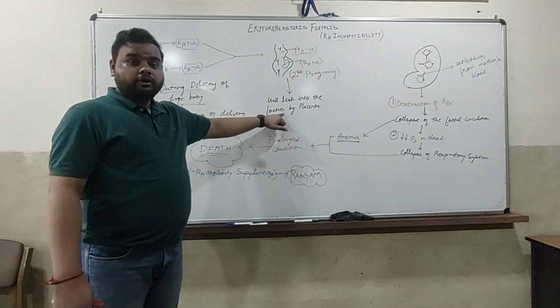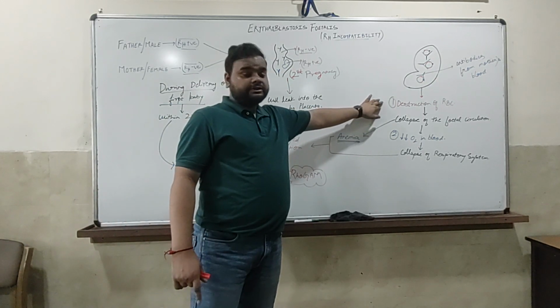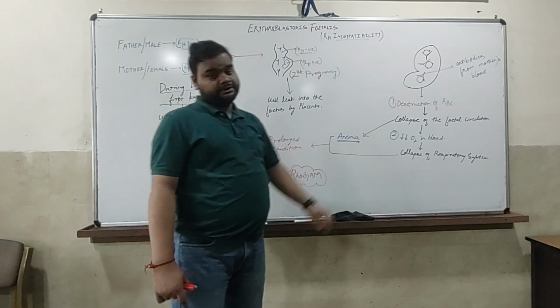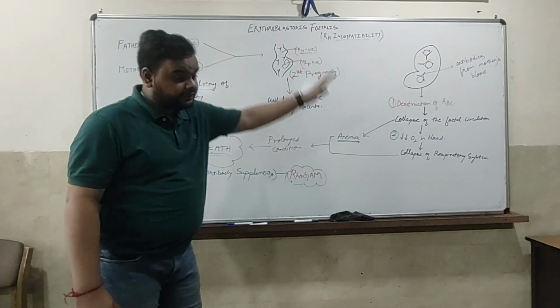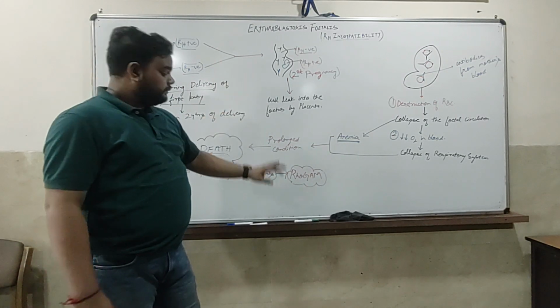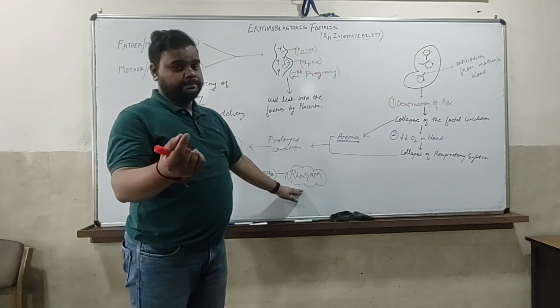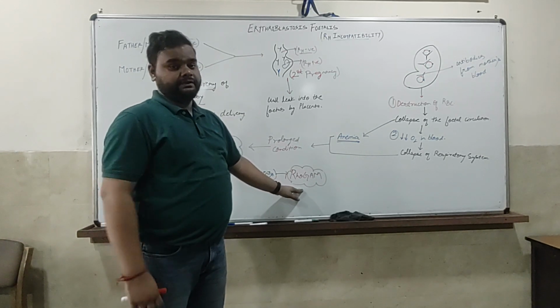If the antibodies do not reach the fetal blood, then there will be no destruction of the RBC, there will be no collapse of the circulatory system, there will be no collapse of the respiratory system, and eventually the fetus will not die. And this complete phenomenon can be avoided by just injecting a supplement into the mother's blood within 24 hours of the first delivery.